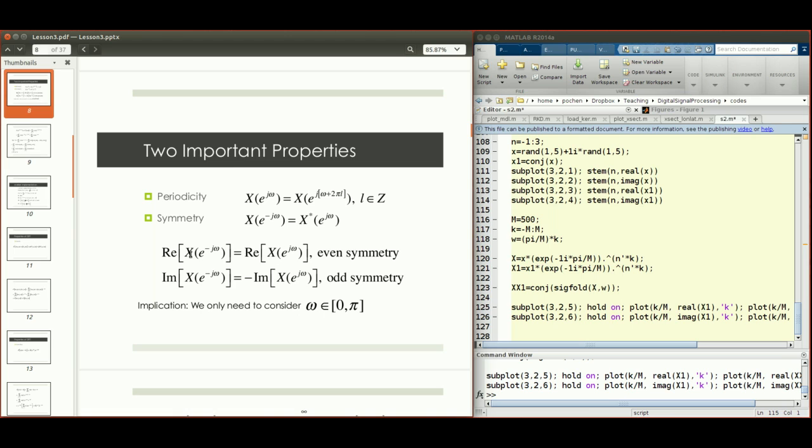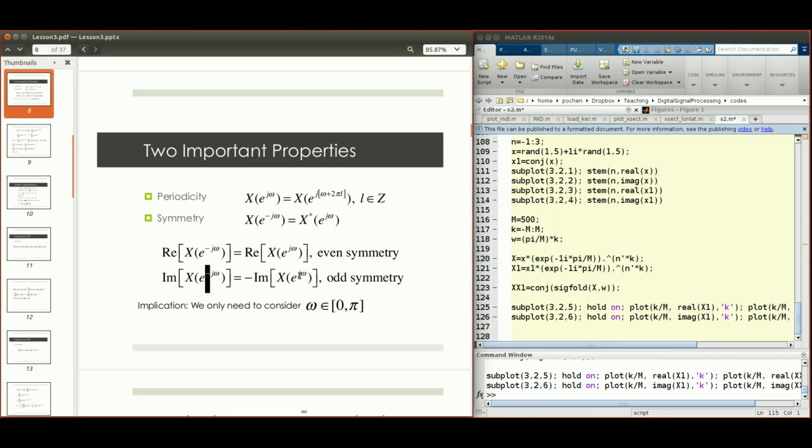If you try to understand it better, it means that the real part of the Fourier transform is an even function of omega, because that's the folded part. You have a folding here, you basically just reverse the horizontal axis, and the real part is identical. And then the odd part is anti-symmetric.